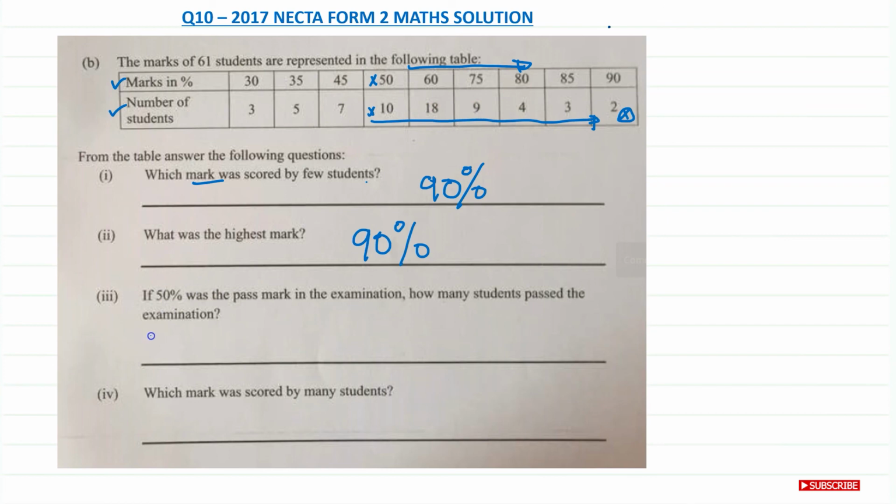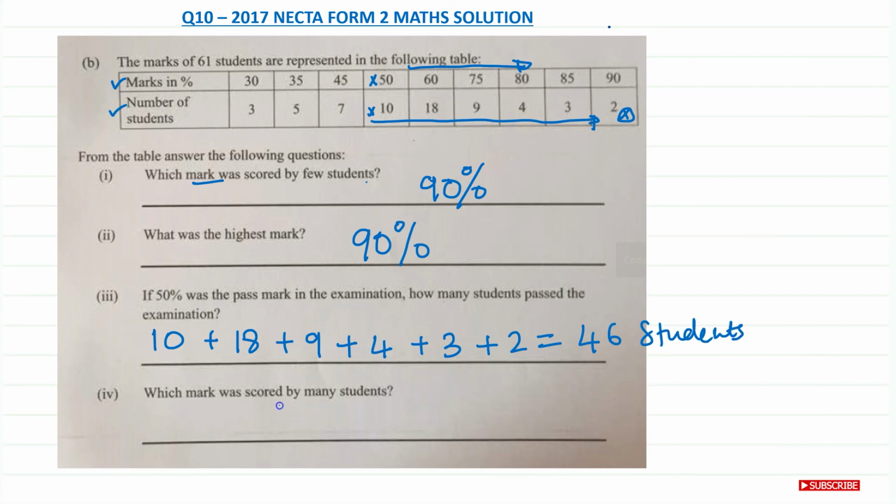So we can see 50% got 10, and then 60% there were 18 students, and then 9 students for 75, and then 4 students for 80%, and then 3 students for 85%, plus 2 students for 90%. We add all this up and we get 46 students.